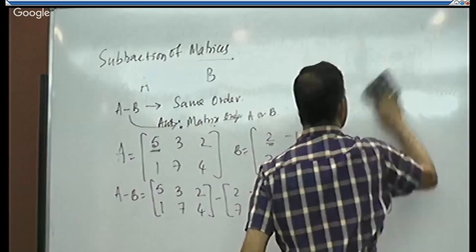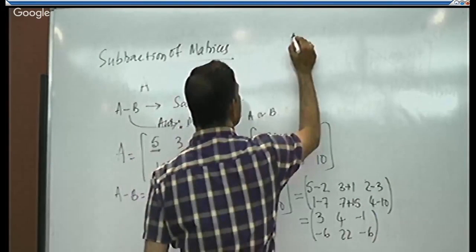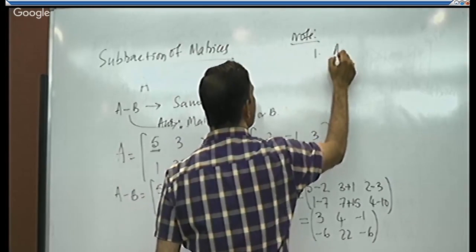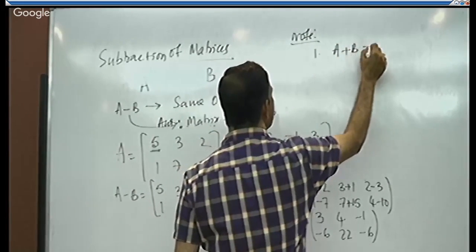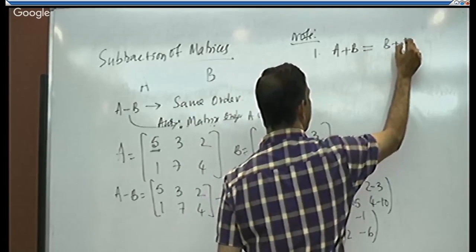In addition and subtraction, we have certain rules. Take them as a note. First, A plus B and B plus A will always be the same.